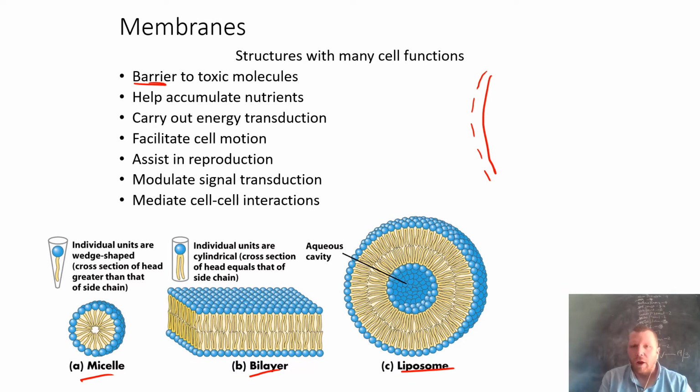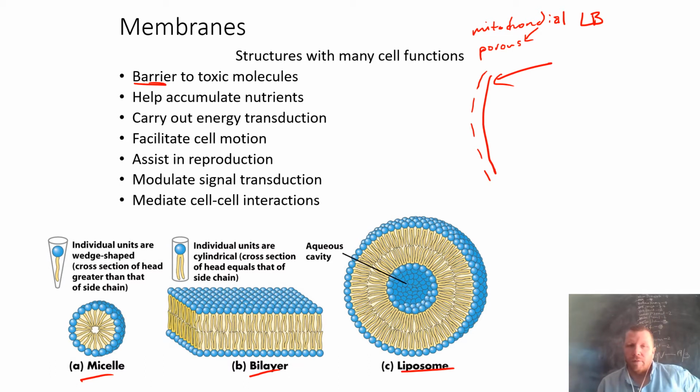Your outer membrane is porous, and I'm talking specifically about a mitochondrial lipid bilayer, LB. That outer one is going to be very porous. Then the inner one is extremely selective. So it's going to prevent movement of any number of different molecules.